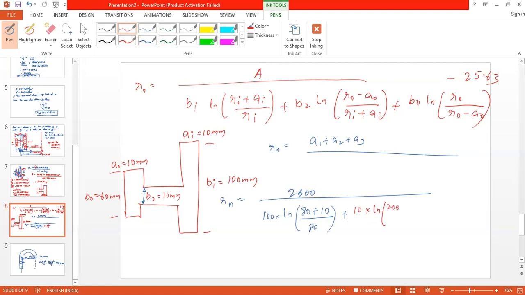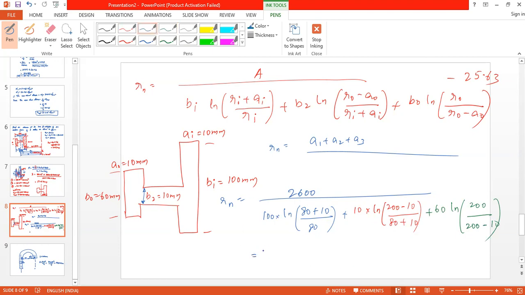So R naught is 200 minus A naught, again 10, divided by Ri which is 80 plus A1 which is 10, plus b naught which is 60 multiplied by natural log of R naught, again 200, divided by 200 minus A naught which is 10.